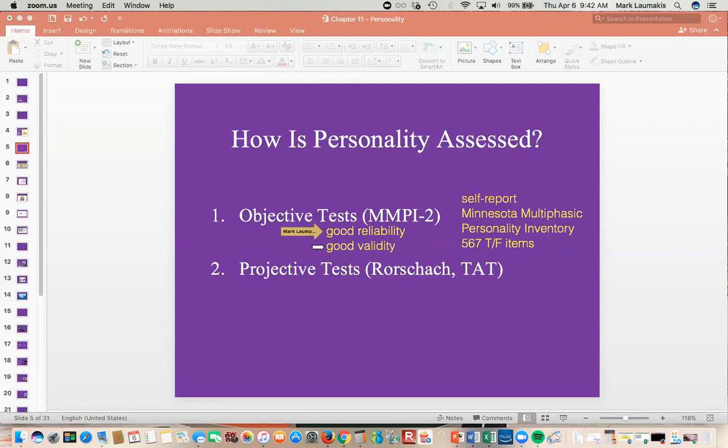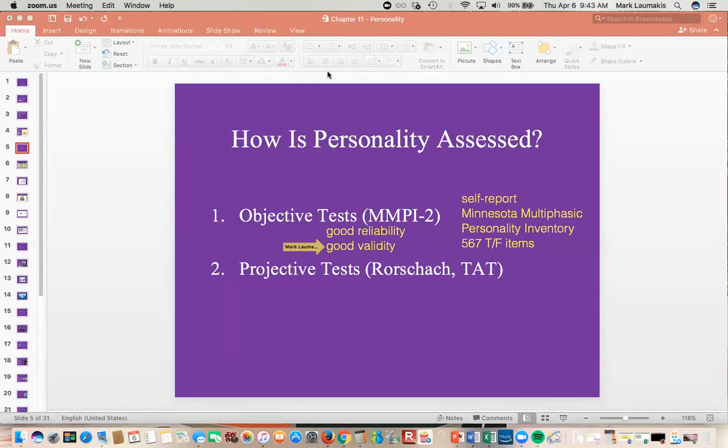In terms of validity, when you look at these items and you look at the profile scores that you ultimately get, it's pretty clear that this is truthfully measuring different aspects of your personality. Is it measuring everything? Probably not, okay? But in terms of validity, it's another strength of these objective tests.